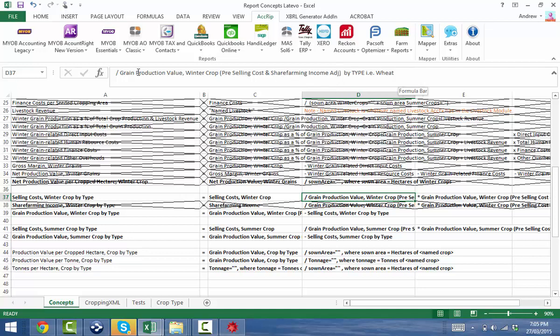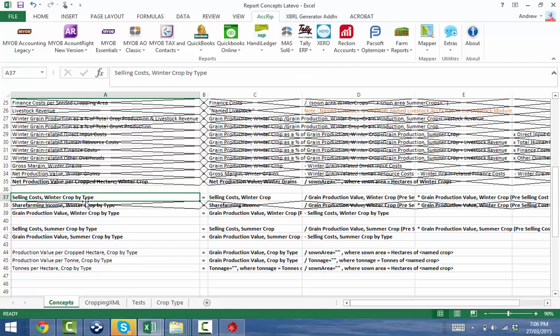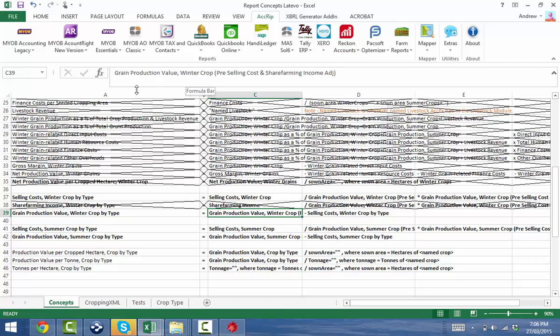So we say, grain production value, which is one of the winter crops, wheat, over all winter crops to break out the selling costs for that specific crop type. Grain production value winter crop by type, and then we can simply go grain production value for that specific winter crop minus the specific winter crop selling cost by type.